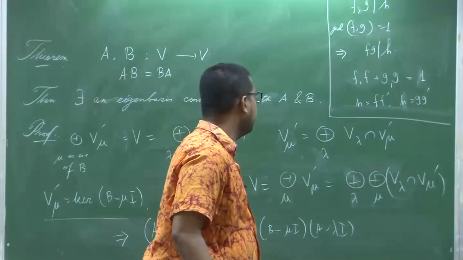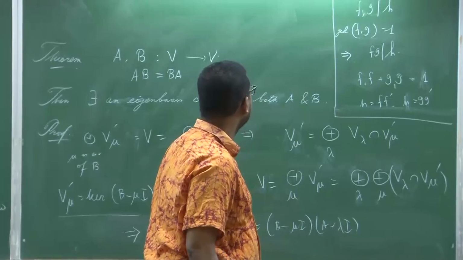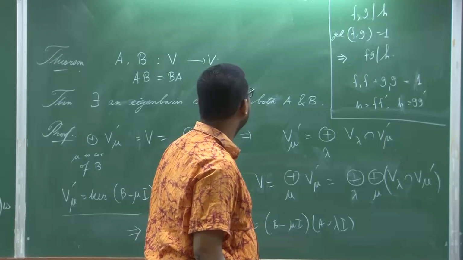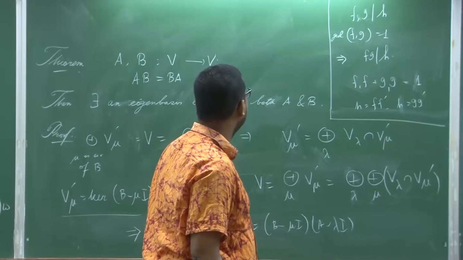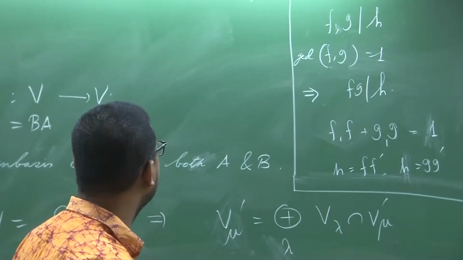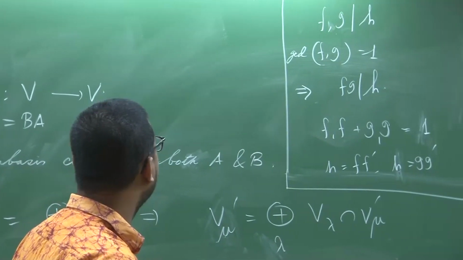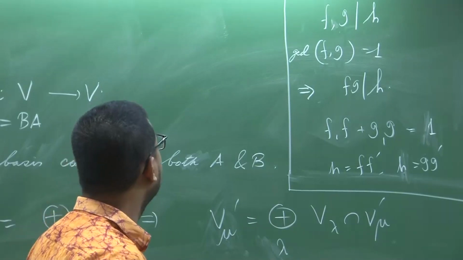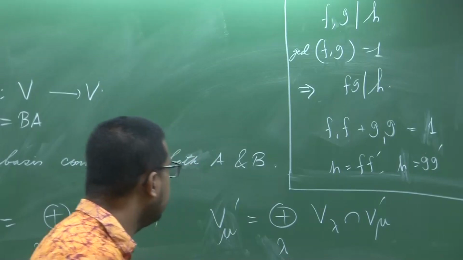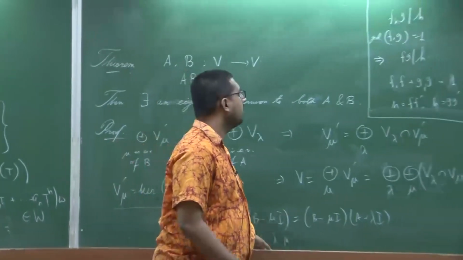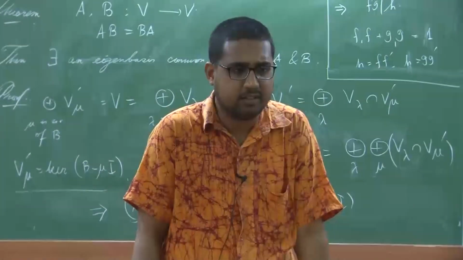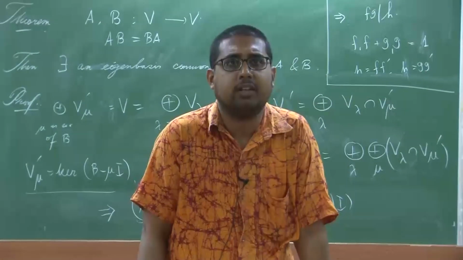Well, anyway, let's leave it here. I think I can't remember the trick. Just as I said, you just imitate the trick from the proof for integers. Well, with that I will stop here. Thank you.